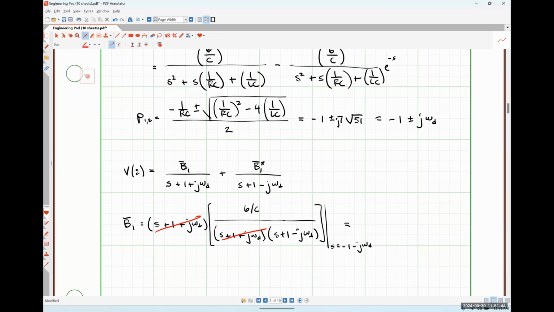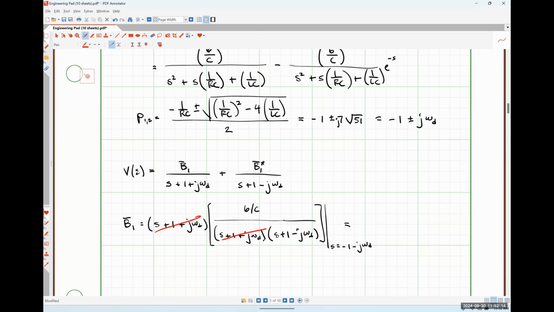So let me do something real quick. I'm going to store that 7 root 51 in my calculator as A. So I would have 6 over 0.004, right?